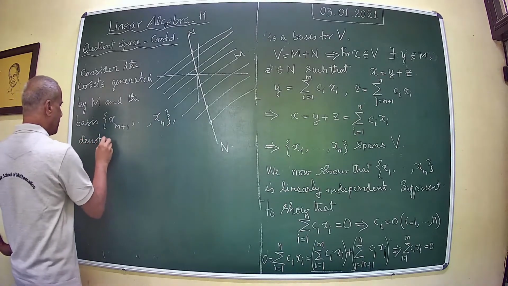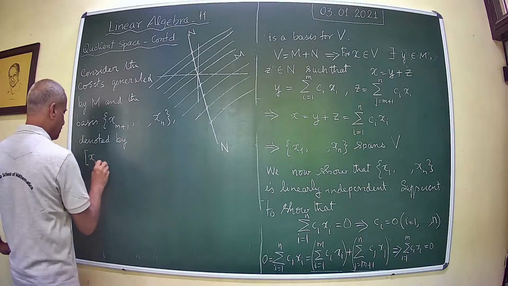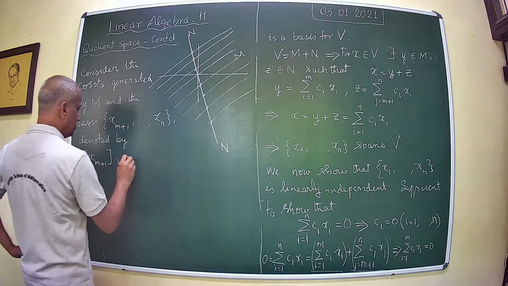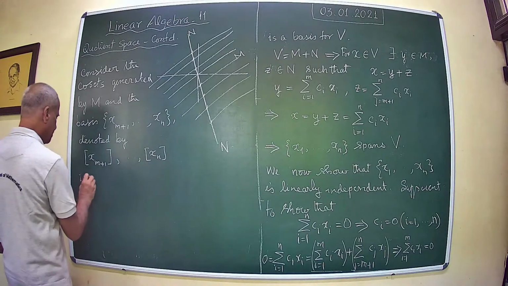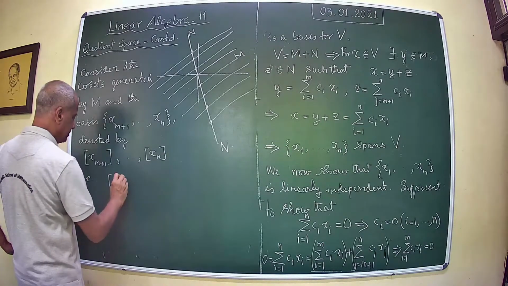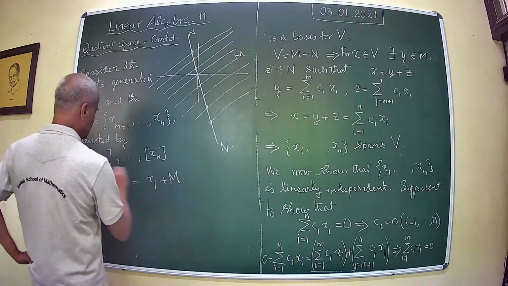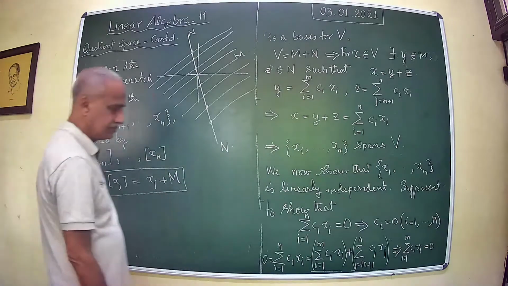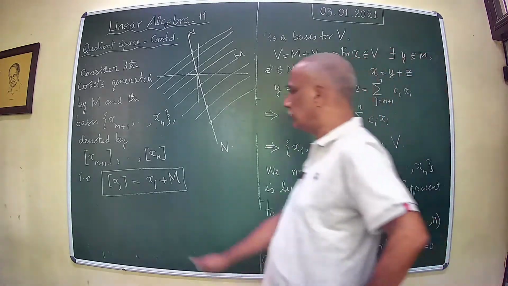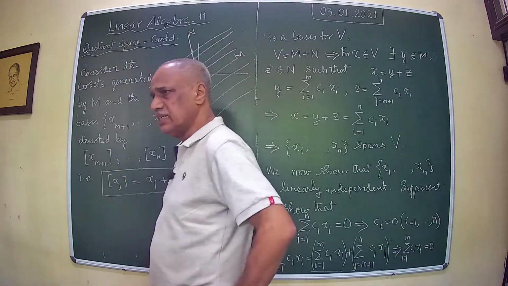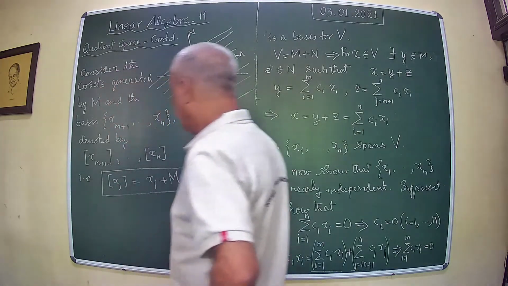Denoted by, what? Xj. Now what we have is that x_{m+1}, ..., x_n is a linearly independent set, which forms a basis for N. What do we do?